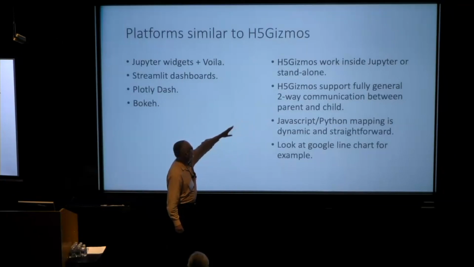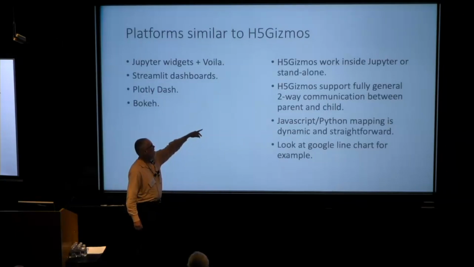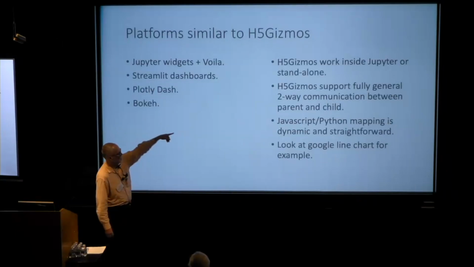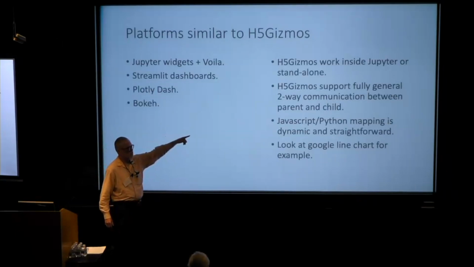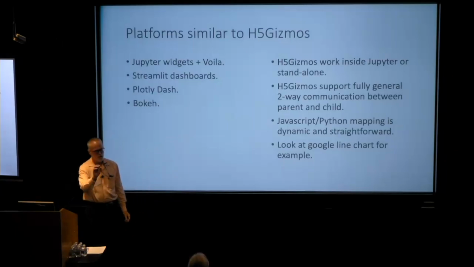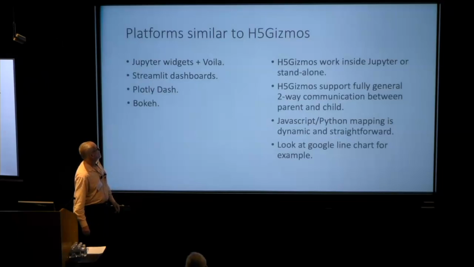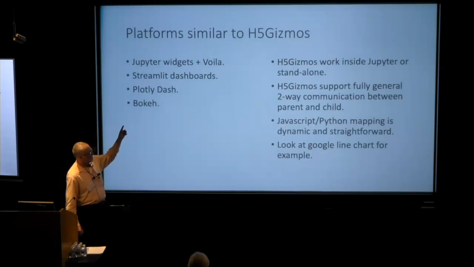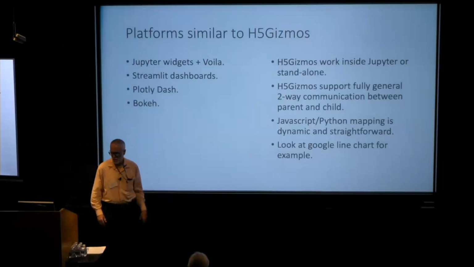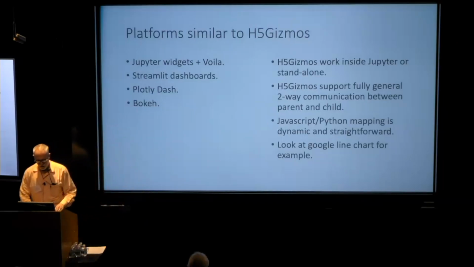If you're looking at Streamlit, it doesn't really support true two-way communication. The slider I showed you just won't work in Streamlit. I think there's also an issue with Plotly Dash. Bokeh is the closest thing, but as I say, the JavaScript interface is much different. So let's do another quick demo.